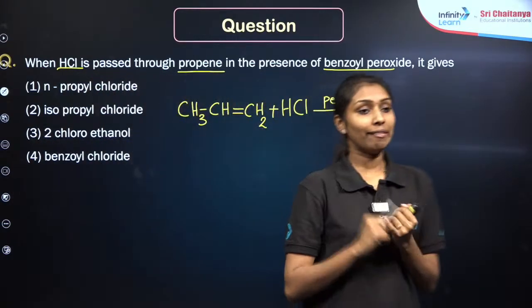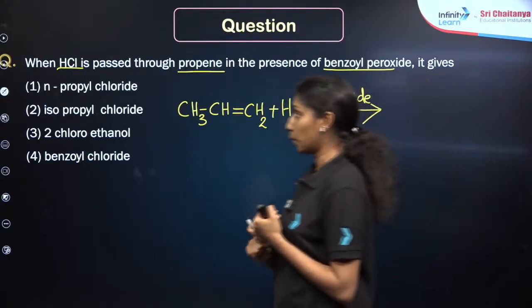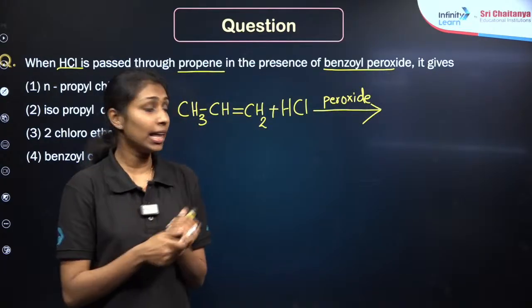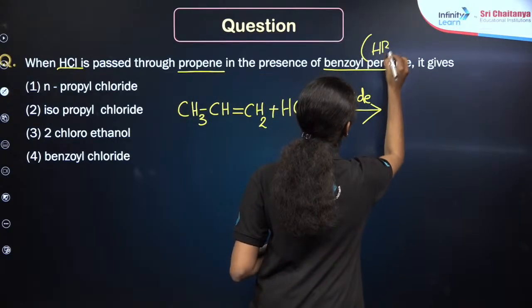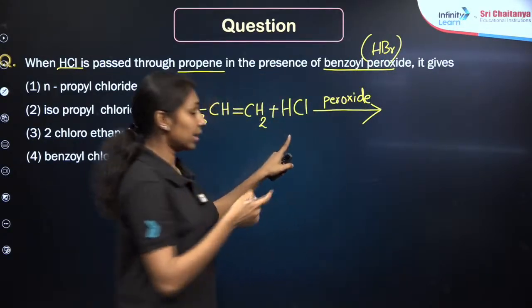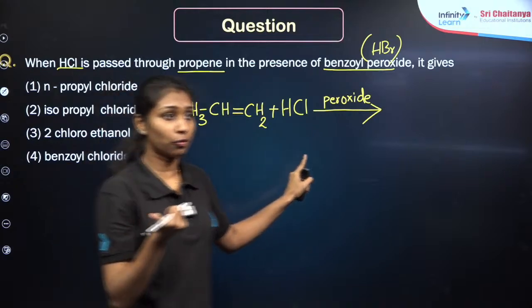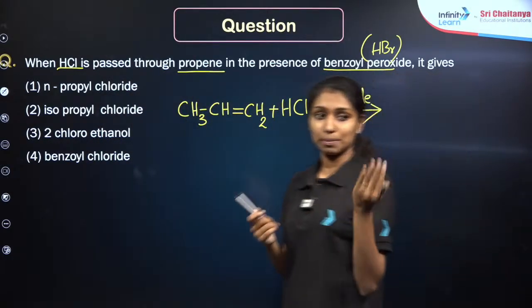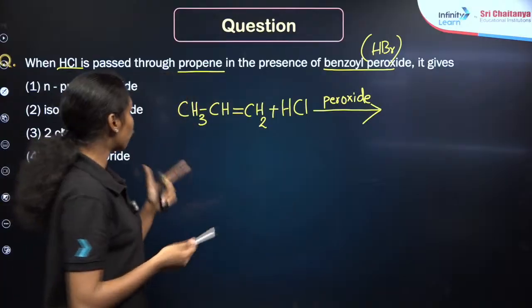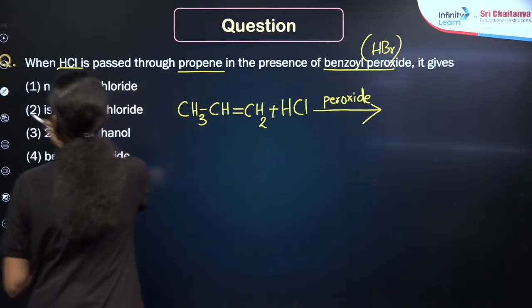When I was teaching about the anti-Markovnikov rule, I already mentioned that it is applicable only for HBr. Here it is given as HCl, so it does not follow the anti-Markovnikov rule. Here it will be the Markovnikov rule only. Now please give me the answer. What will be the product here according to Markovnikov's addition?